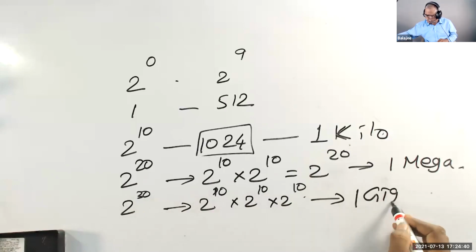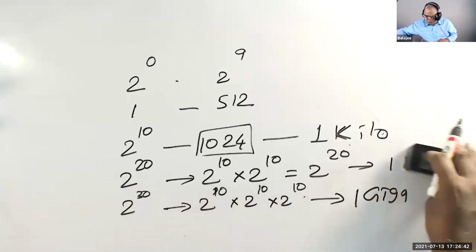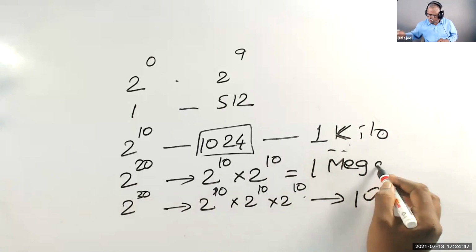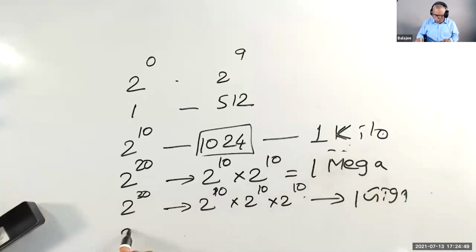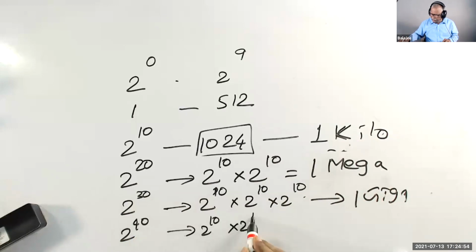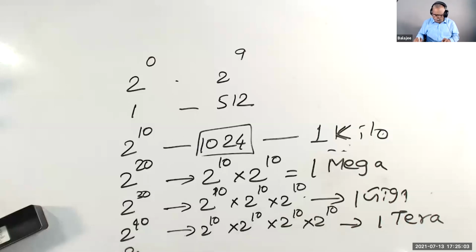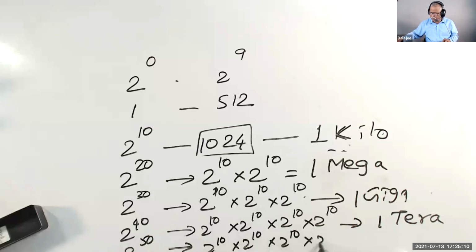So 1 kilo, 1 mega, and same way 2 power 40 we can write as 2 power 10 into 2 power 10 into 2 power 10 into 2 power 10, that is 1 tera. We can write the same thing, 2 power 50, as 2 power 10 five times, 1 peta.